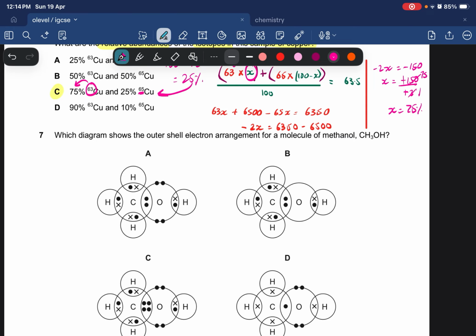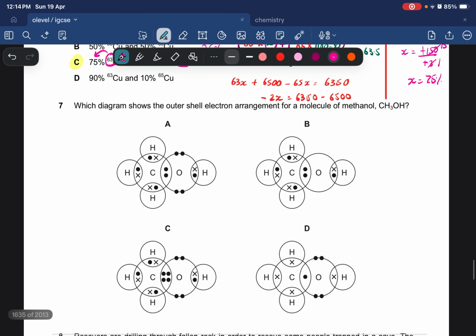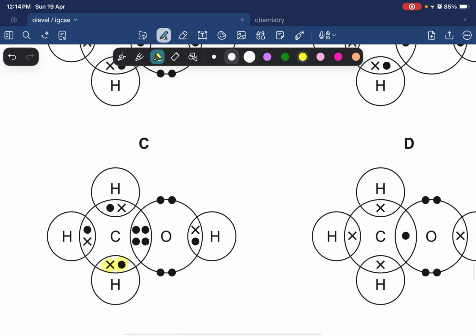Which diagram shows the outer shell electron arrangement for a molecule of methanol? Okay. Methanol means that we have one carbon, so carbon is going to have how many electrons in the last shell? It's going to have a total of 4, but after forming bonds, it's going to have 8. So look over here, 1, 2, 3, 4, 5, 6, 7, 8, 9, 10.